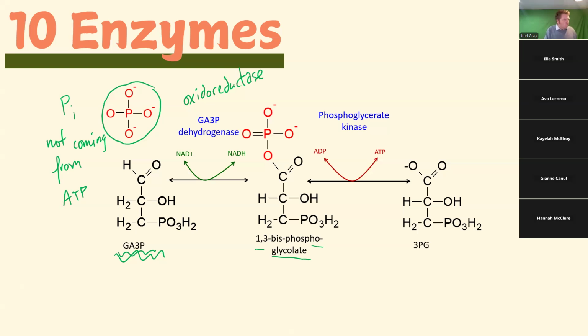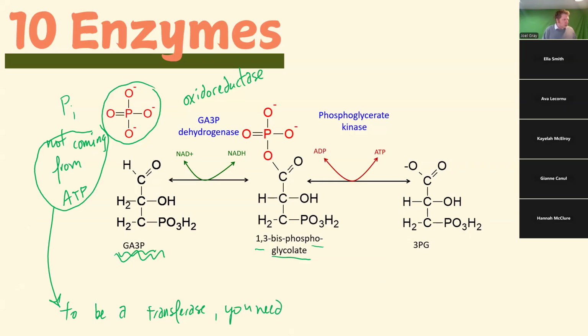So one of the points that I'd like to make is that to be a transferase, you need a substrate to donate a group like the P in a circle, the phosphate in a circle. Does that make sense? Y or N to the chat?